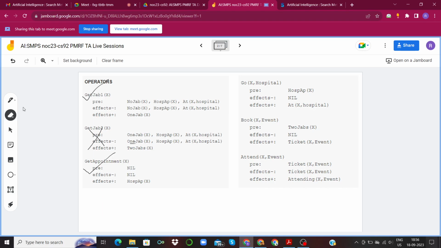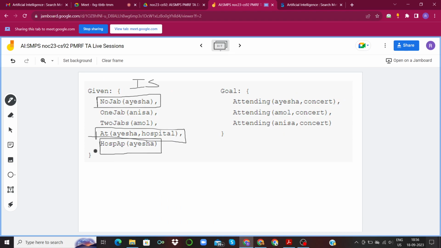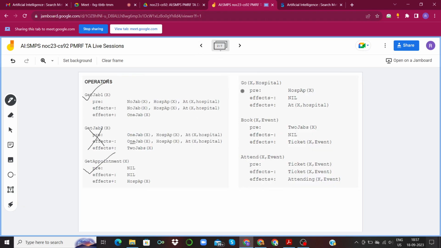Now go X comma hospital, go Aisha comma hospital. This has one precondition, which is hospital appointment Aisha, and we know that it is given as one of the facts in the initial state. So we can apply go Aisha comma hospital.